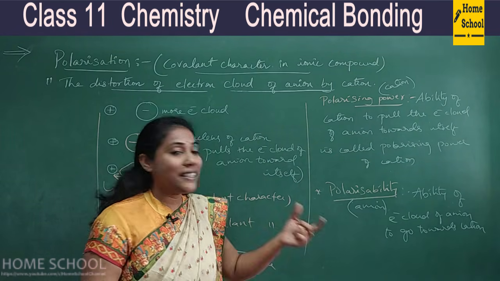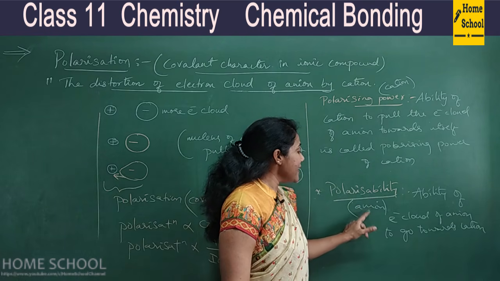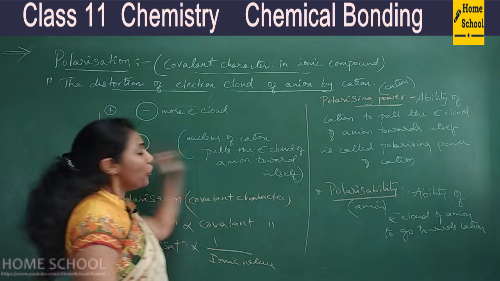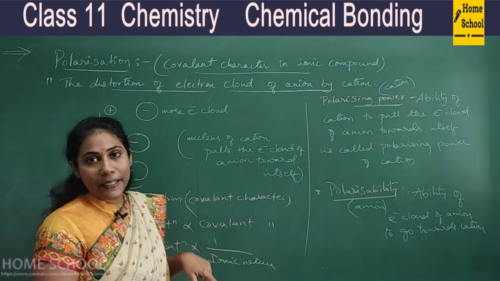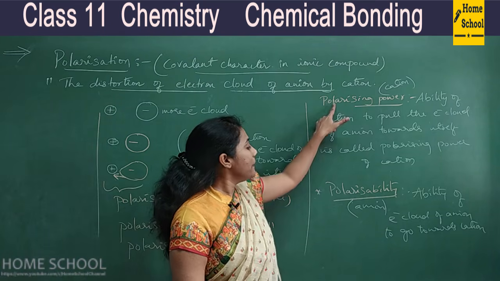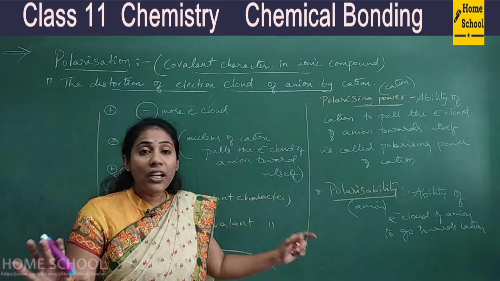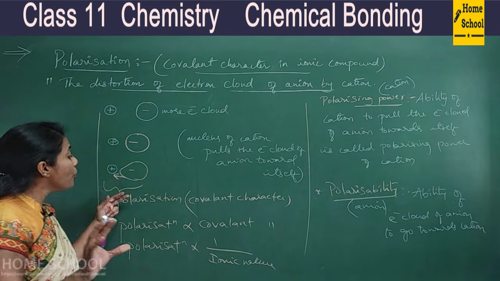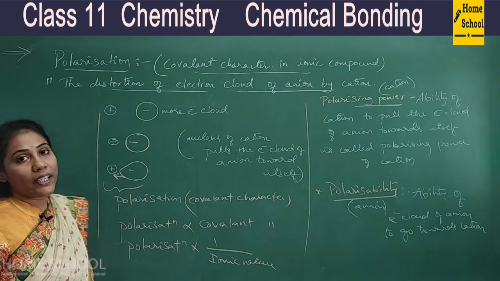You can copy these definitions in your book. So polarizability is the ability of the anion to go towards the cation. The meaning of these two words is very, very important. If an ionic compound has more polarization, we say that the ionic compound has more covalent character.